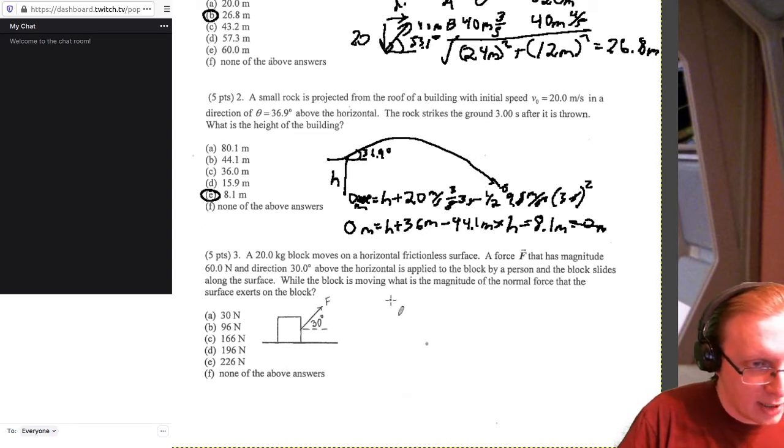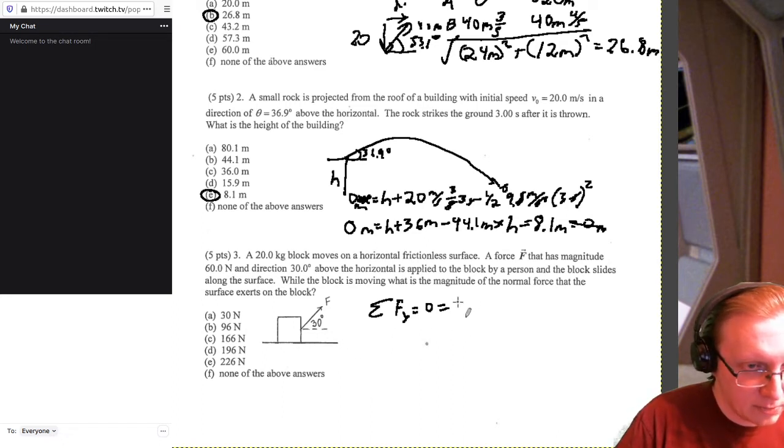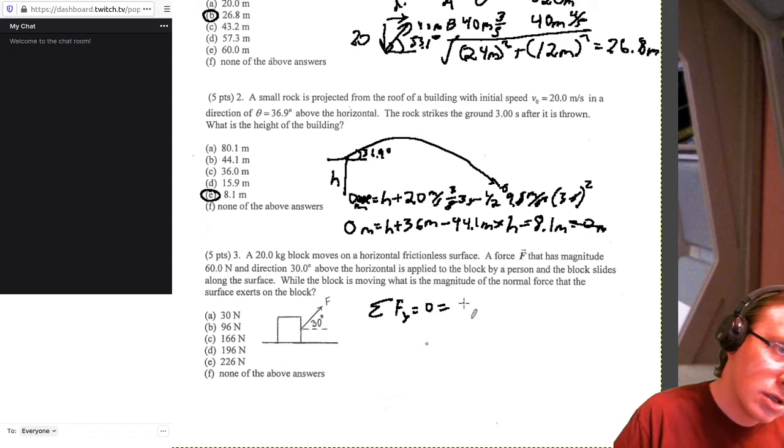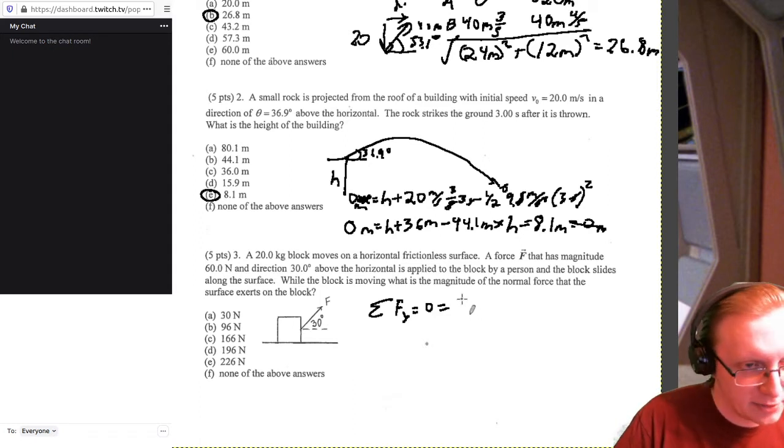Okie dokie. So we do sum of forces in the vertical direction is equal to 0, and we have gravity pulling down. I would like that to be negative, so we're going to have normal pushing up, minus gravity pulling down, plus the force that is applied in the y direction.